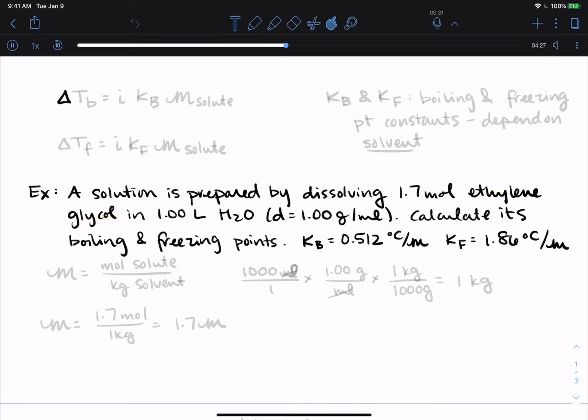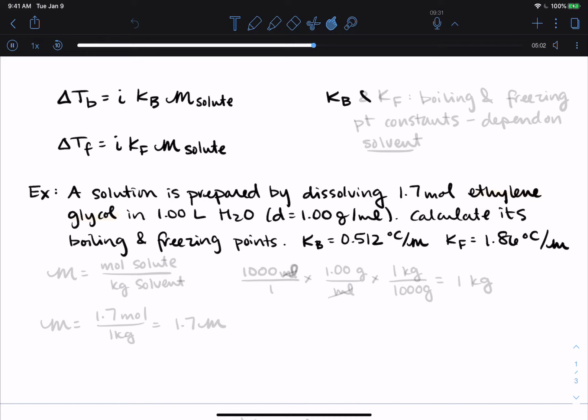And these equations look like delta T_B equals i K_B, which is the boiling point constant, times the molality of the solute. So this time we're using the solute, not the solvent, for the concentration. And delta T_F is i times K_F, which is the freezing point constant, also times the molality of the solute.